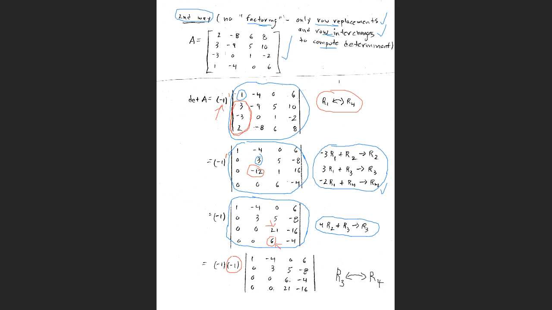All right, and now we're going to get a 0 where the 21 is, using the 6 as a pivot. So we've got to take the third row, multiply it by a fraction, and add it to the fourth row.